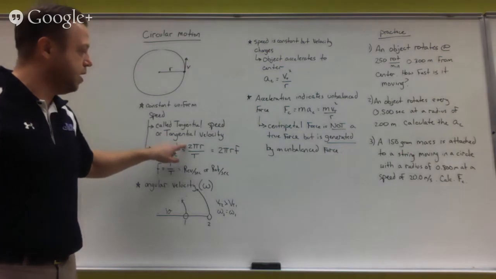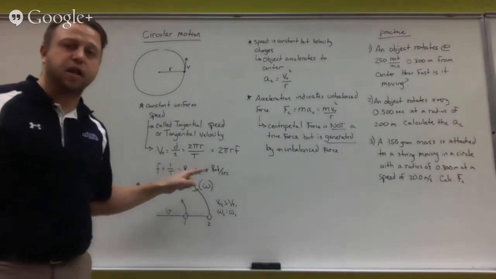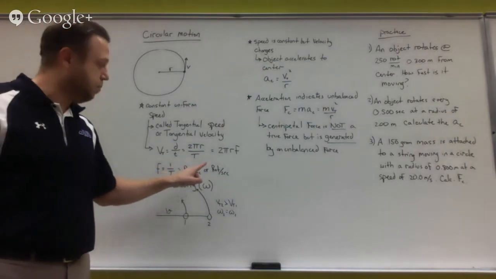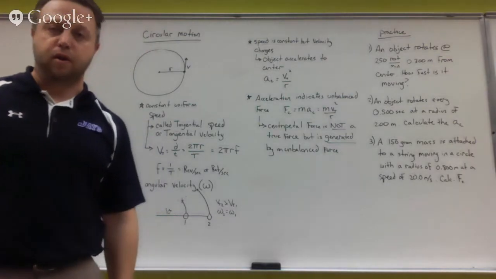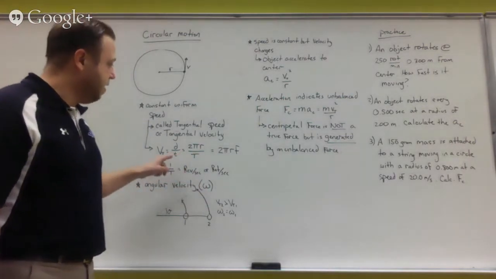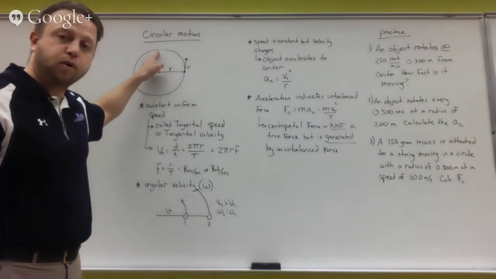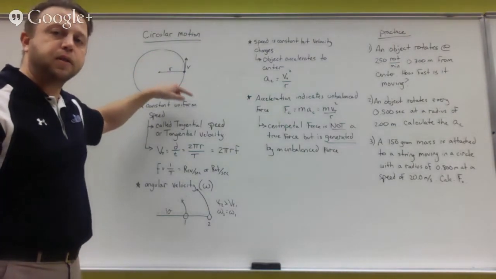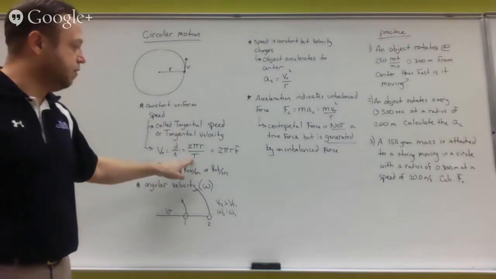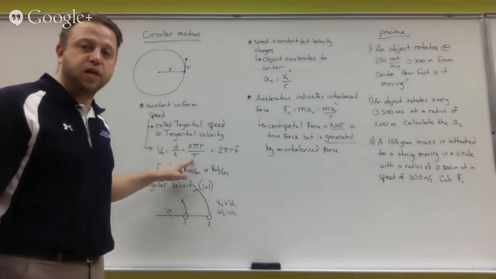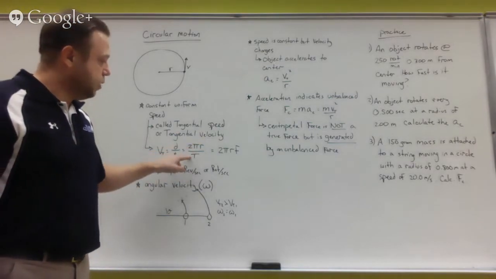So we have v = 2πr/T. One minor thing: notice I put an uppercase T here. The uppercase T is used to indicate the period, because we could have a time period for one quarter of a rotation, but the uppercase T always symbolizes the time period for one revolution or rotation about the axis.